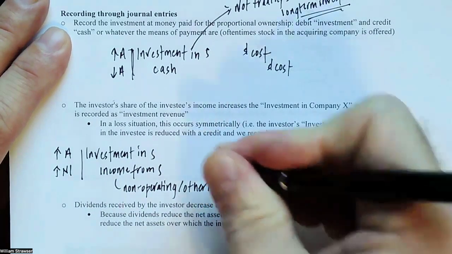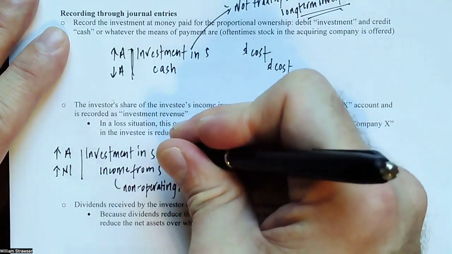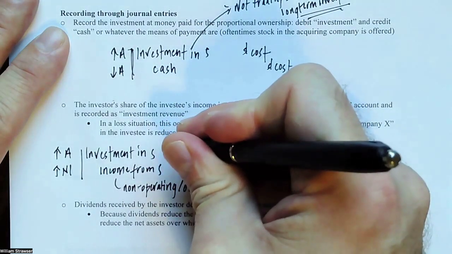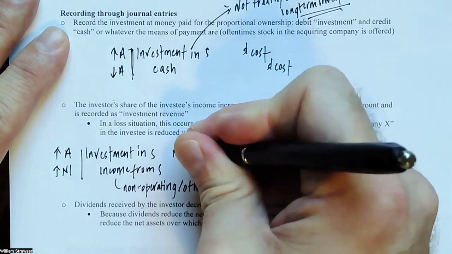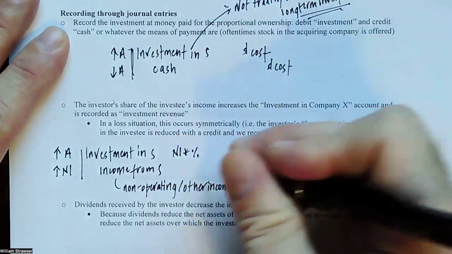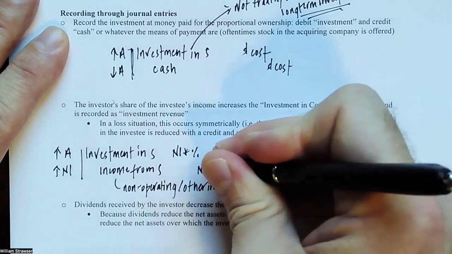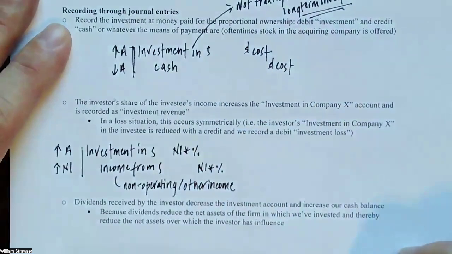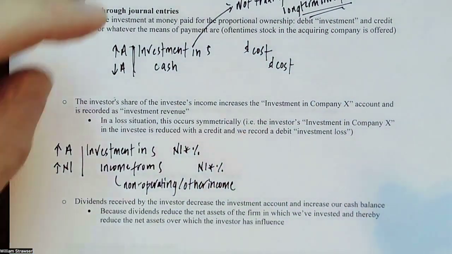So not operating. Now, what we're going to record this at in terms of dollar value is the net income reported by S times our percent ownership. So if we have significant influence, but we're not exerting control, then it's somewhere between 20 and 50%.